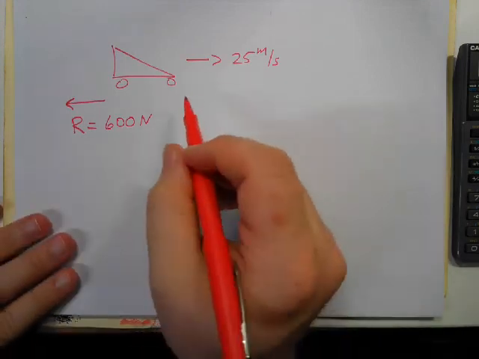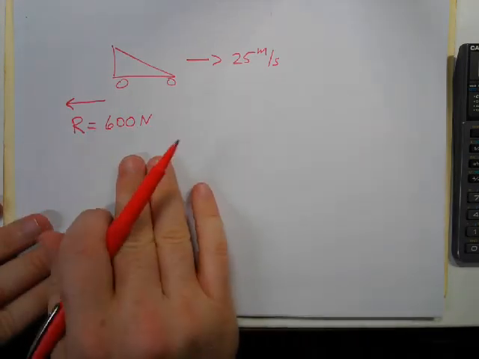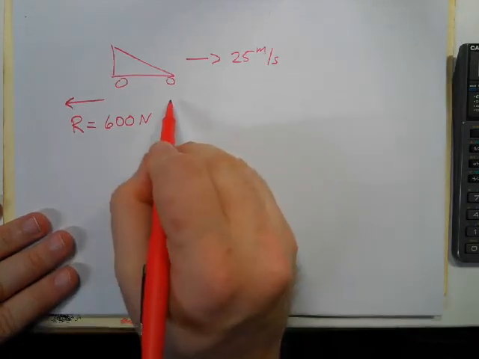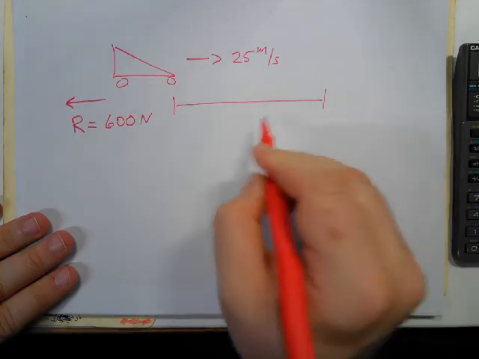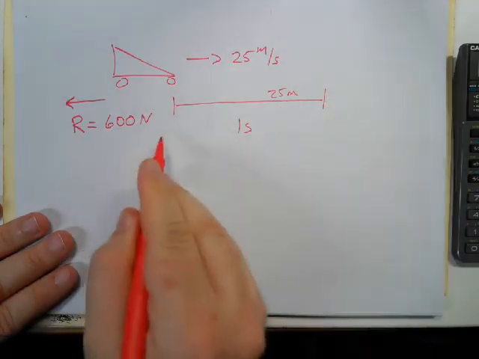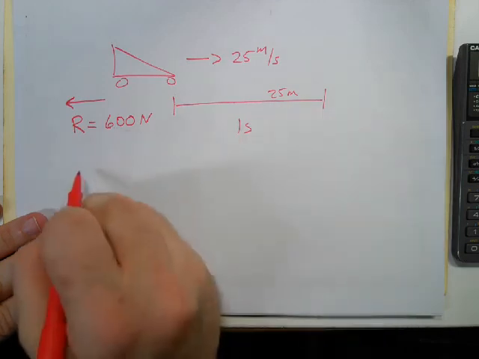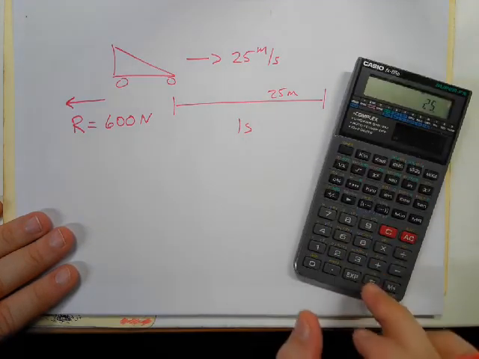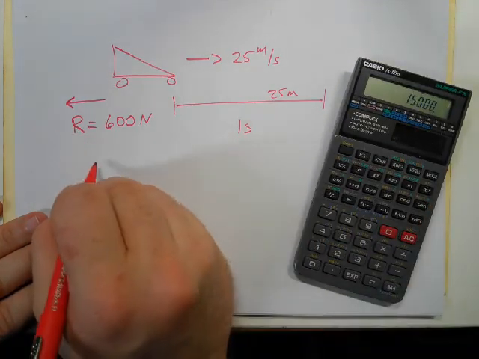So if we want to know the power that's used here, we could do some other stuff, like say, well, in 1 second, this will be 25 meters. And so we could do 600 newtons times 25 meters is 15,000 joules.